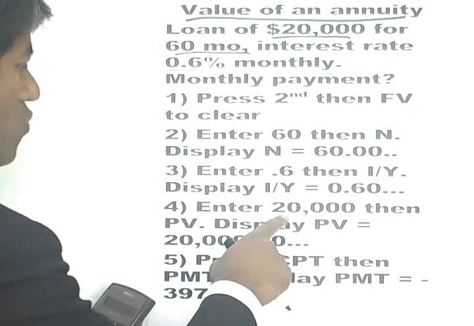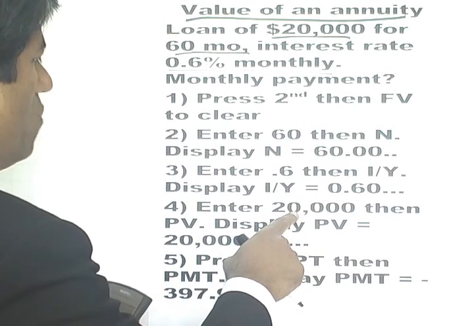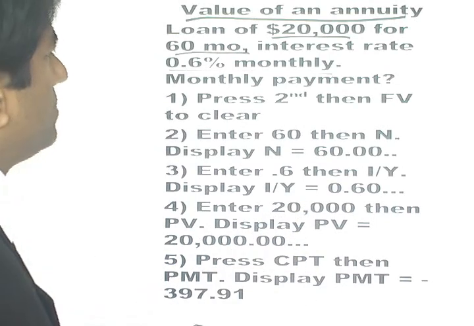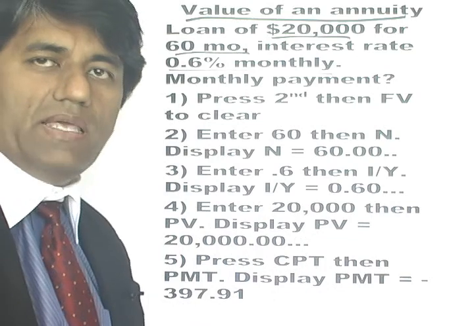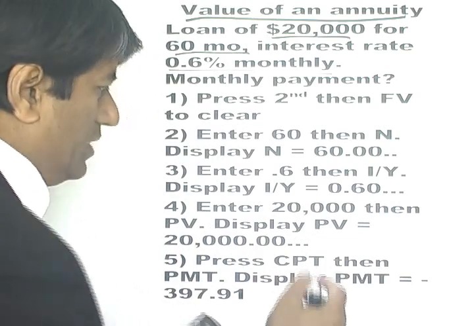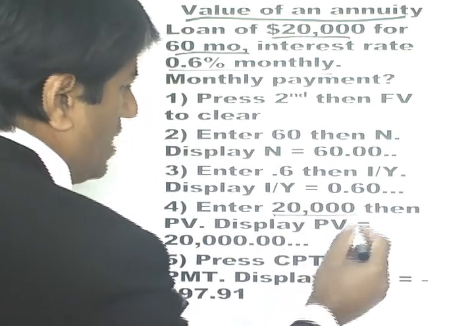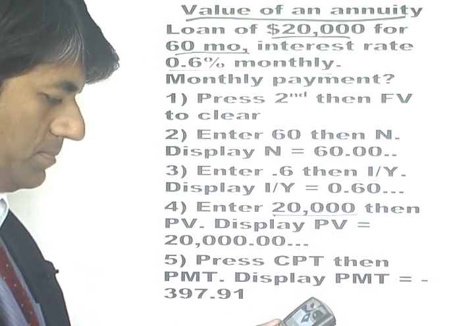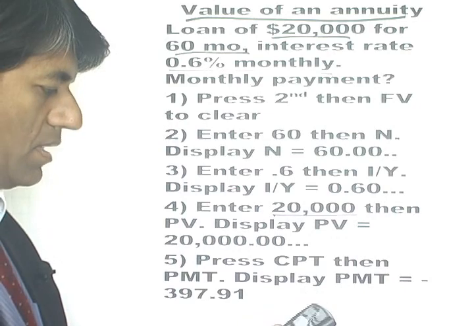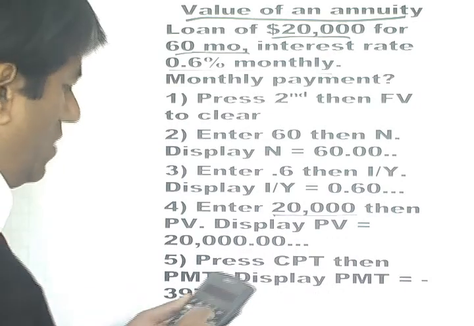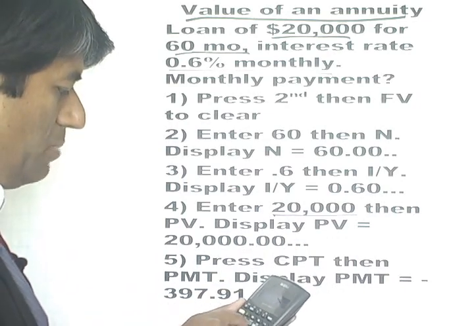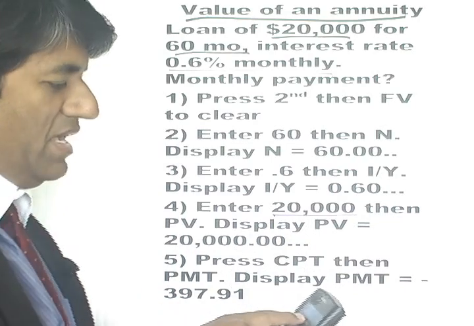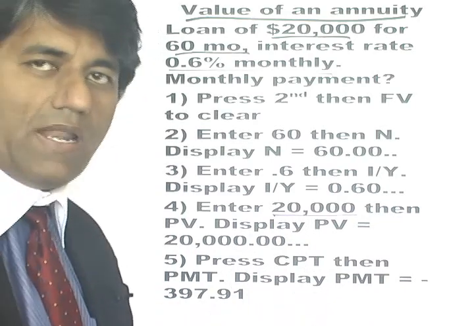Then you want to enter the present value, and here you are receiving the money, it's a loan, so you're going to have the value today be positive and equal to 20,000. So you enter 20,000 and then you hit PV, and it should show present value equal to 20,000.